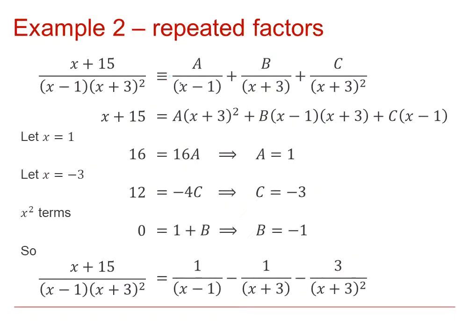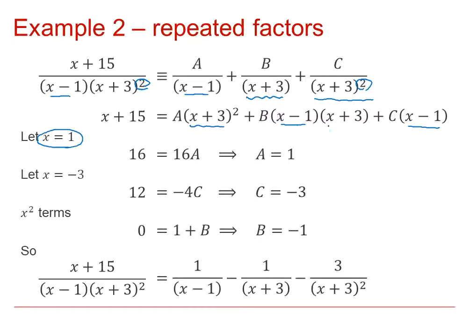So the key message from here is that this linear factor just has a linear partial fraction, but this repeated factor needs both the linear and the repeated case as separate fractions in the partial fractions. Once you've multiplied through by this denominator, x minus 1, x plus 3 squared, look for sensible methods. So looking at these brackets suggests x equals 1 would be a good method.